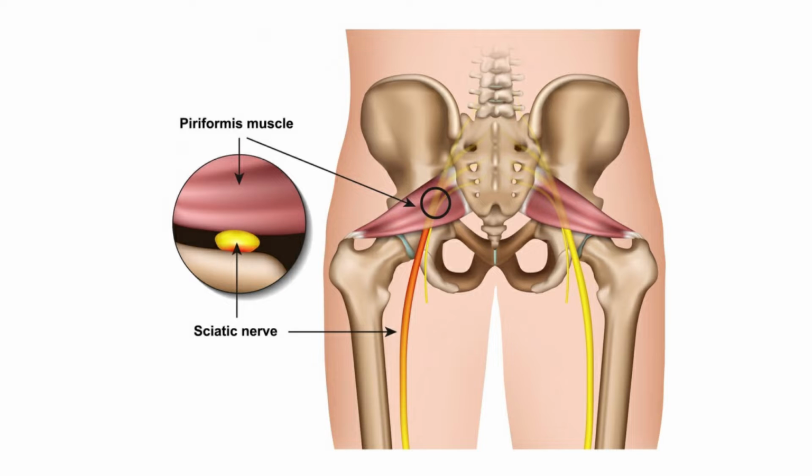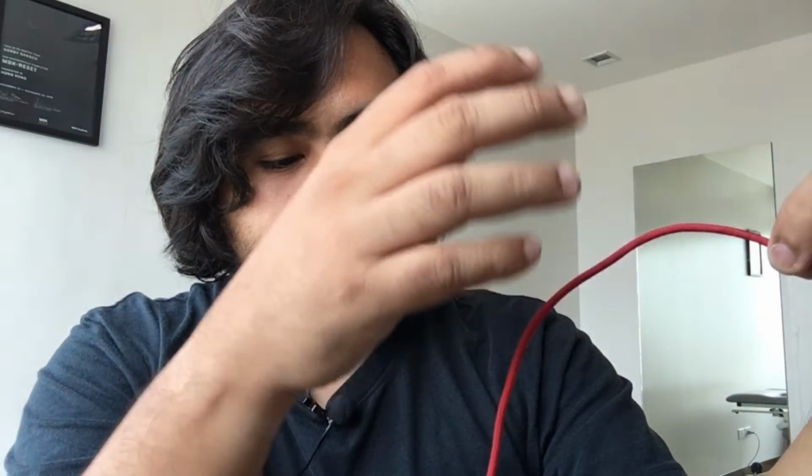That's why it's also causing compression on the nerve. If it's from the hips or piriformis, the piriformis muscle is tight and it's compressing the sciatic nerve like this. So relax this one, free this one up so that the nerve can supply its sensory functions properly again.